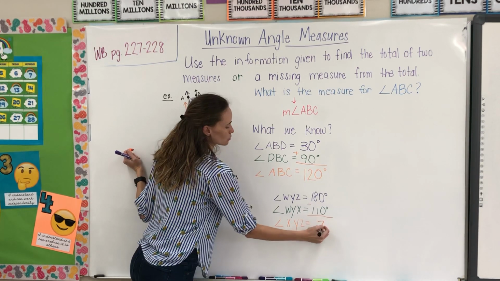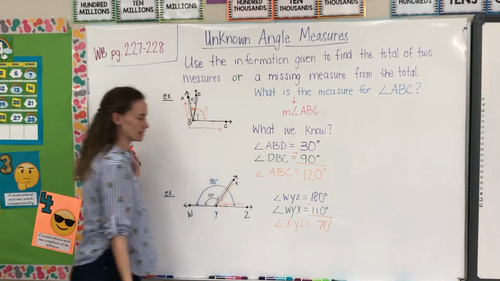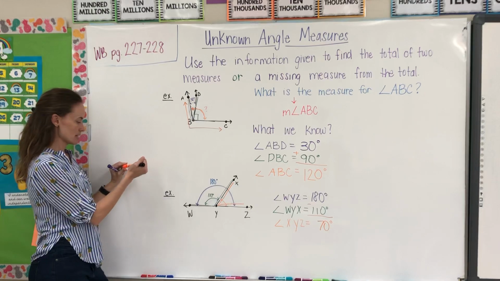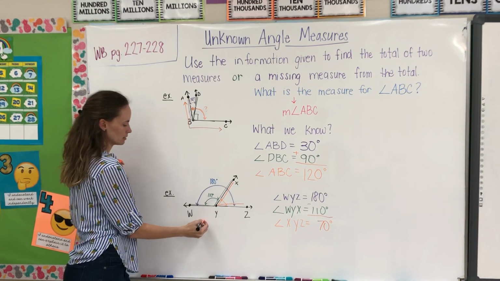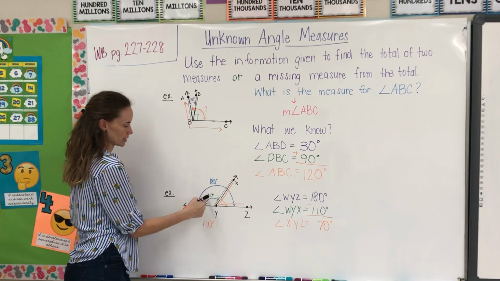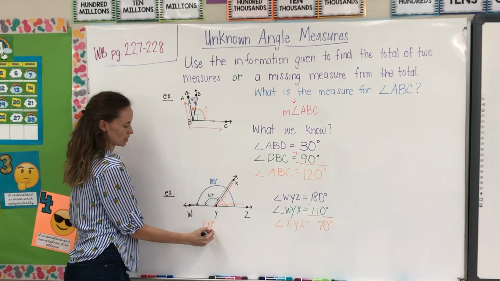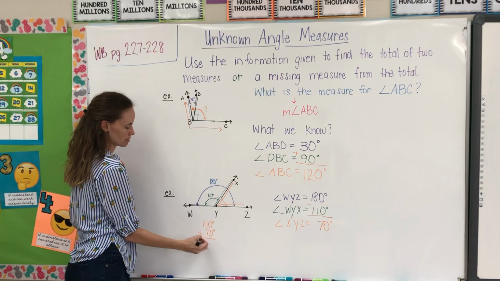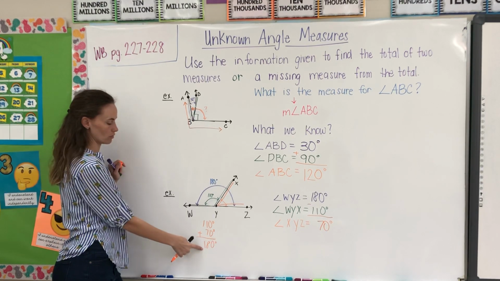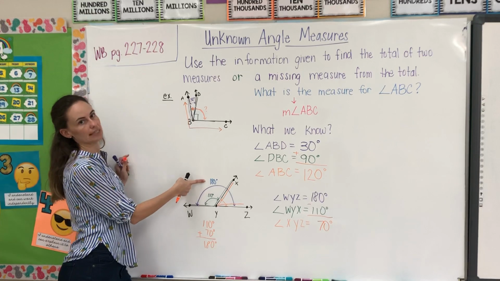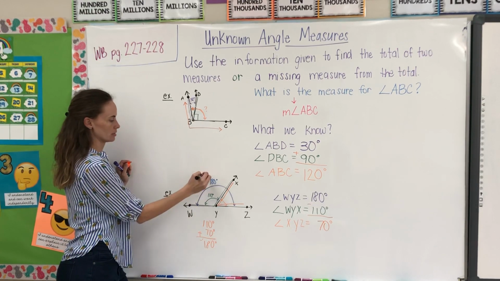When we subtract, we get 70 degrees. And you can check it the same way we always check subtraction, by adding what we had, 110, plus the 70, and we get a total of 180, which is the total that they gave us. So our answer matches up.